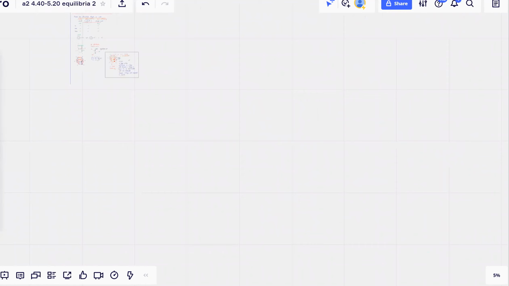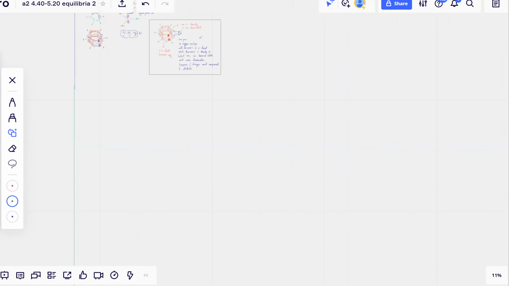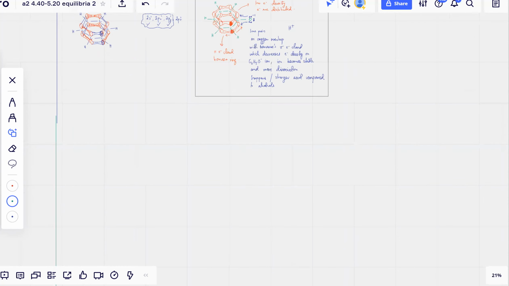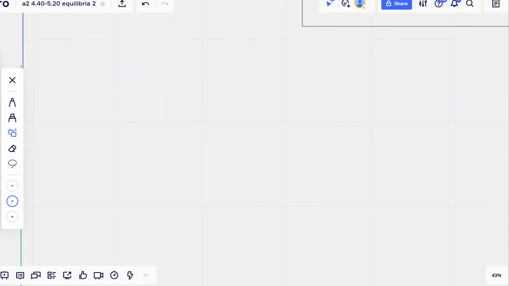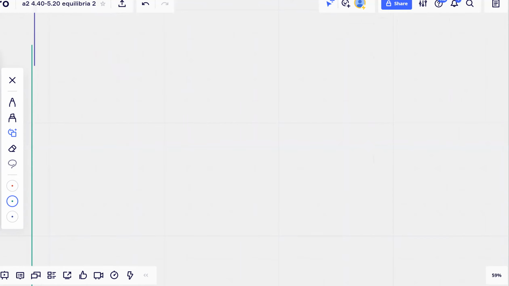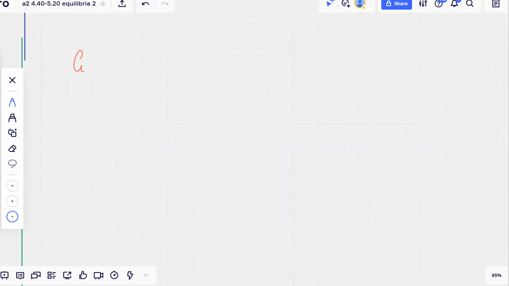Now the next thing is we're also going to talk about bases. Another question is, what about bases? And we are comparing nitrogen bases.